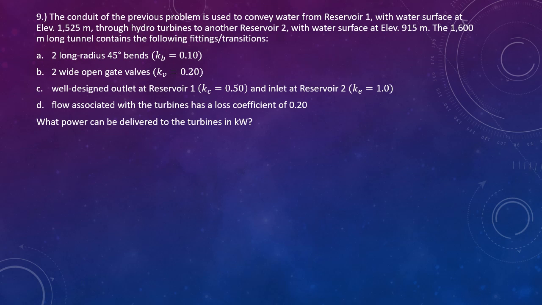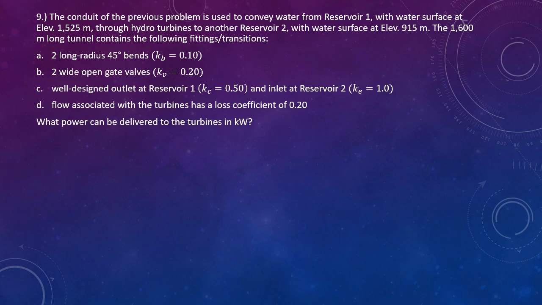C. Well-designed outlet at reservoir 1 with the coefficient of contraction equal to 0.5, and an inlet at reservoir 2 with a coefficient of enlargement equal to 1. D. Flow associated with the turbines has a loss coefficient of 0.2. What power can be delivered to the turbines in kilowatts?